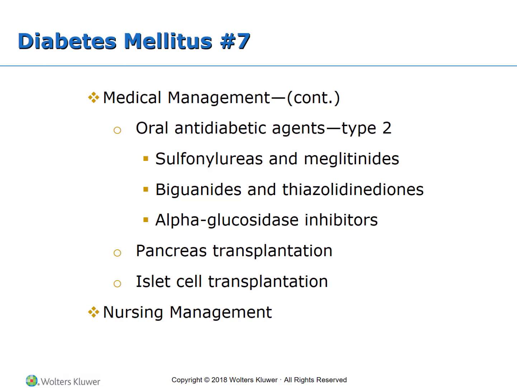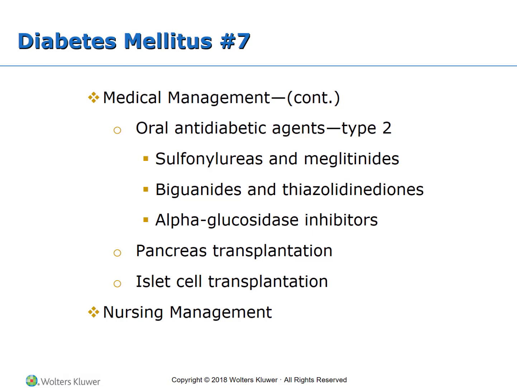We do want to educate the patient on things like physiologic or psychologic stress. If they're experiencing any stress, that could raise their blood glucose level. So especially with a type 1 diabetes patient, they should not be withholding their insulin at all without consulting the healthcare provider, right? Because we know that if they withhold their insulin, without the insulin, the body does not promote glucose to enter the cell.